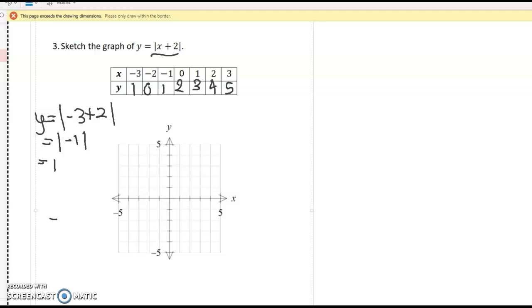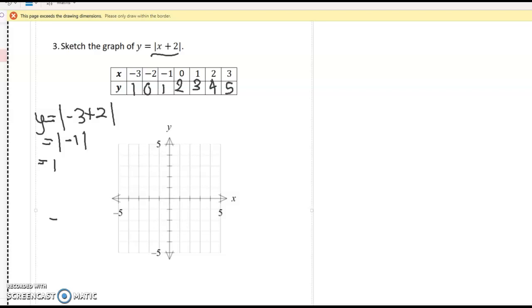And so what's happened here is that plus 2 inside the absolute value symbol has shifted the function not up and down this time, but to the left. If it's a positive, it's going to move it to the left. If there's a negative inside those absolute value symbols, then it would go to the right.